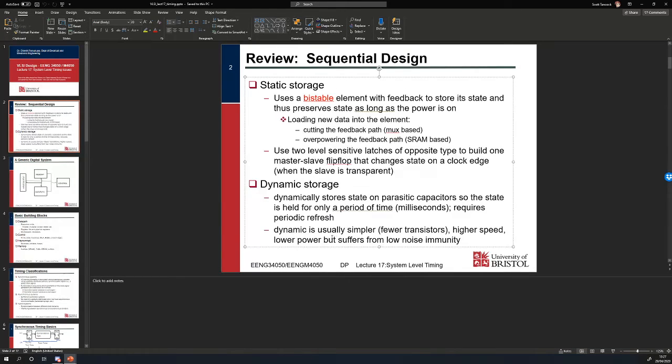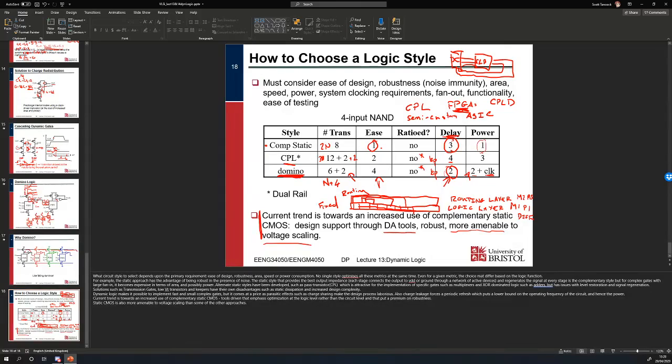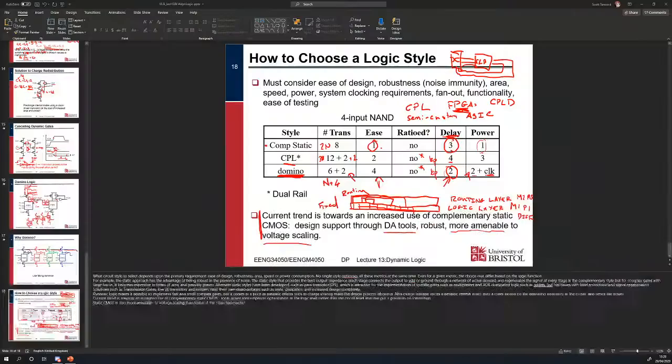Knowing what dynamic logic is will help in the understanding of dynamic storage, and the static storage is what we saw with our sequential lectures. That will be next lecture, on Friday the 1st of May at 11 o'clock GMT.